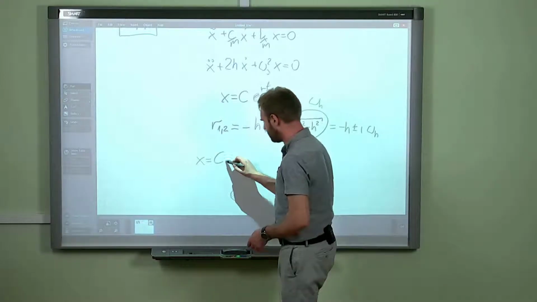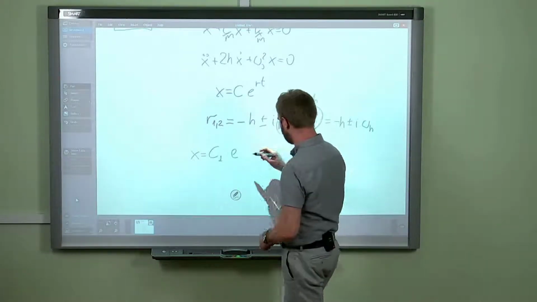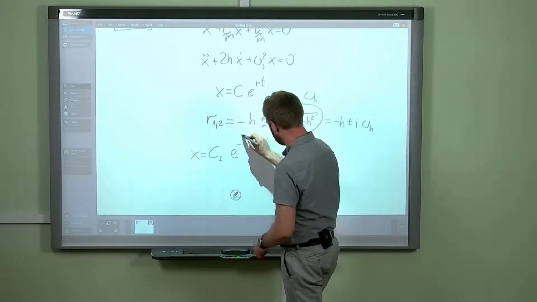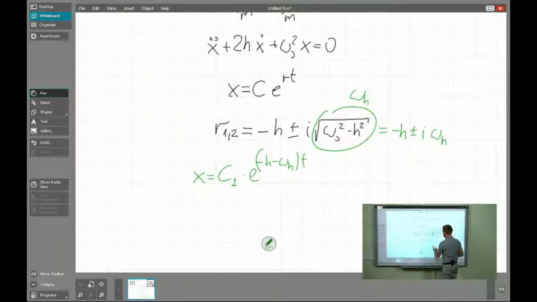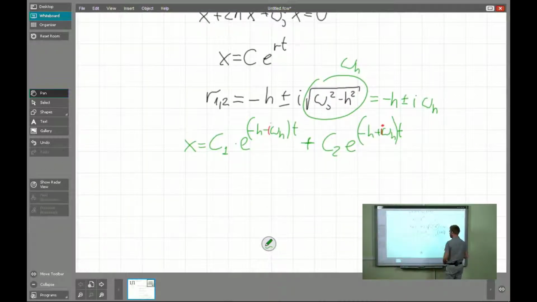It will be C1 times e to the power minus h minus i omega h, times t, plus C2 times e to the power minus h plus i omega h, times t. I forgot about i here. Of course, here we see also i. And everything is put in parentheses.